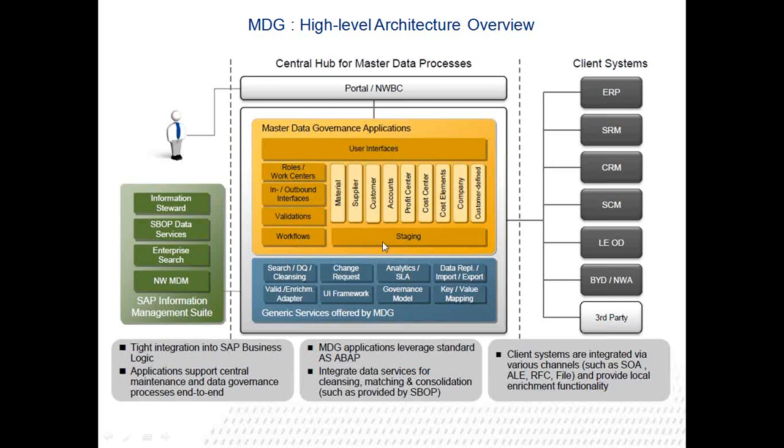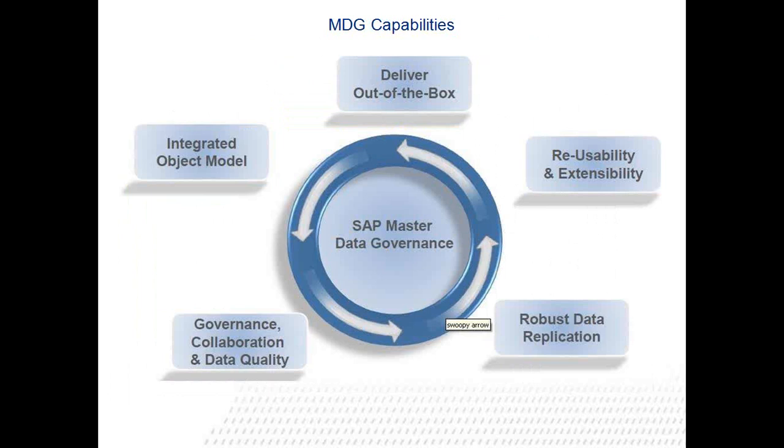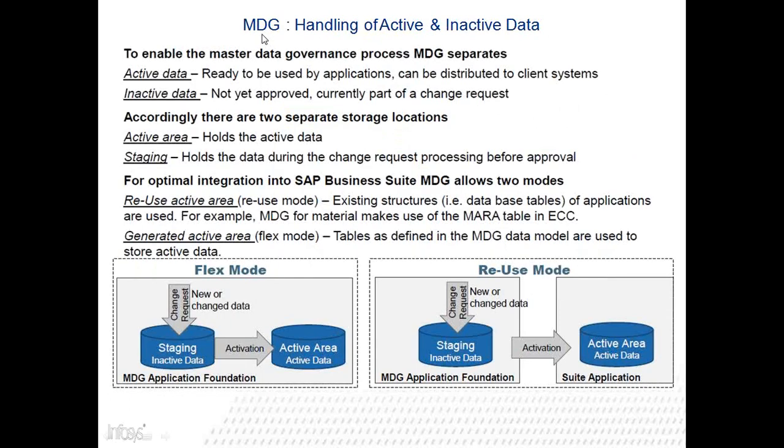So this slide we already discussed, the capabilities of MDG, and this is one more important slide we have here in MDG. First we need to understand active and inactive data, or draft data, which I was talking about.